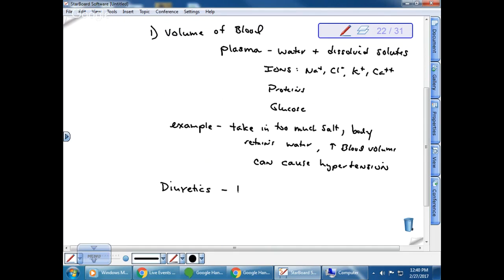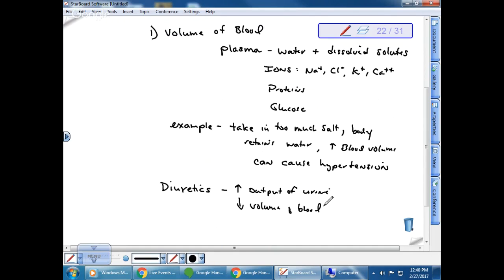So this increases output of urine, right? So this would decrease the volume of blood because you would lose water in your urine, and that decreases the volume. So that would decrease your hypertension. So sometimes when people have high blood pressure, they're on diuretics because of that.